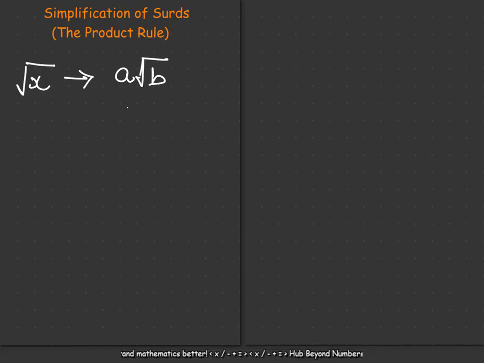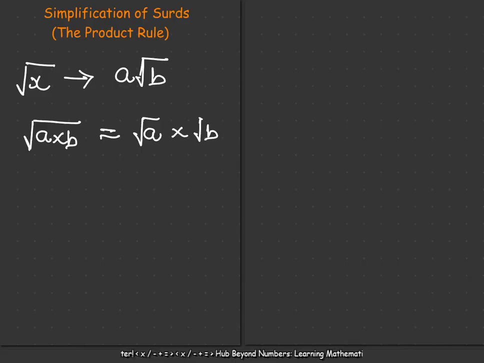The product rule makes us understand that if you have a radicand that can be written as the product of two numbers, a and b, then you can express the radical sign for both factors. So the square root of a times b is the square root of a times the square root of b.